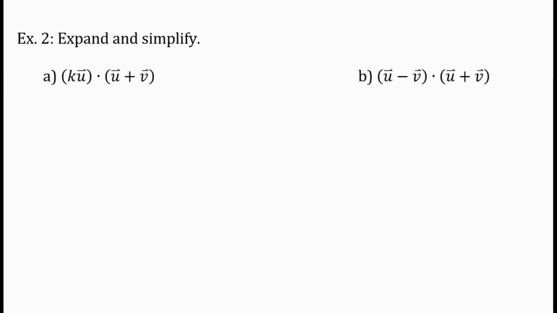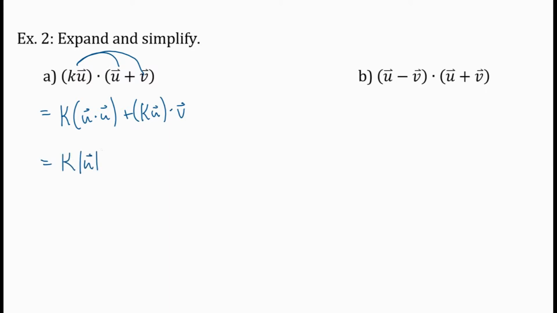So how could I simplify this idea? Well, I could take Ku dot U and Ku dot V because it's distributive. So this is K times U dot U plus Ku dot V. Now I wrote the first one that way for a reason, because then I can simplify this as K times the magnitude of U squared, because that's what this is going to work out to.